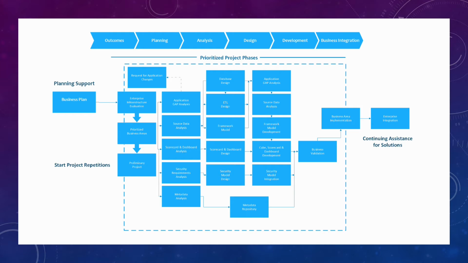As a result, we get the business validations and then business area implementation, which gives us the enterprise integration, which continues assisting the solution. And pretty much the cycle repeats itself.